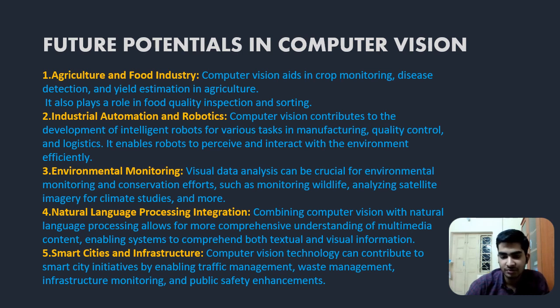Combining computer vision with NLP allows for more comprehensive understanding of multimedia content, enabling systems to comprehend both textual and visual information. Smart cities and infrastructure. Computer vision technology can contribute to smart city initiatives by enabling traffic management, waste management, infrastructure monitoring, and public safety enhancements.